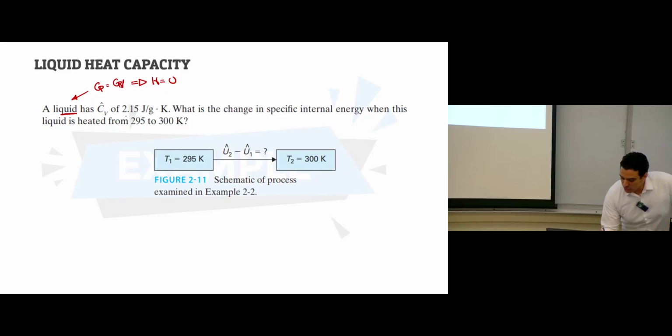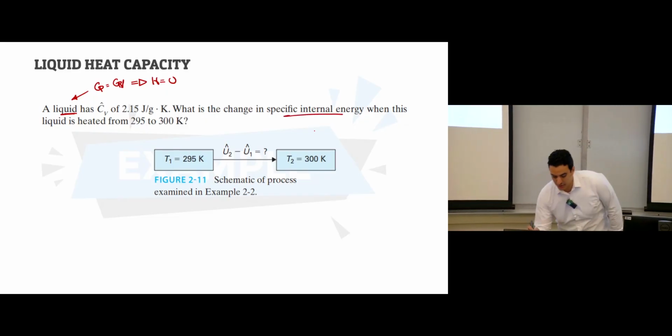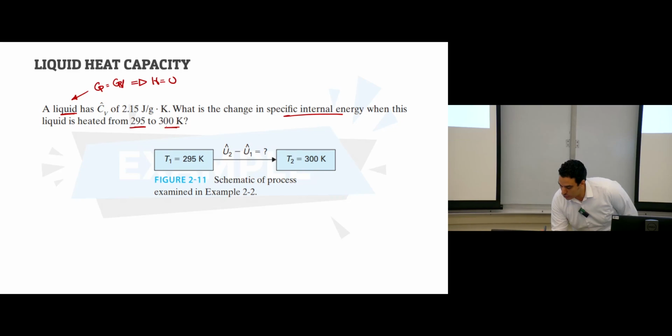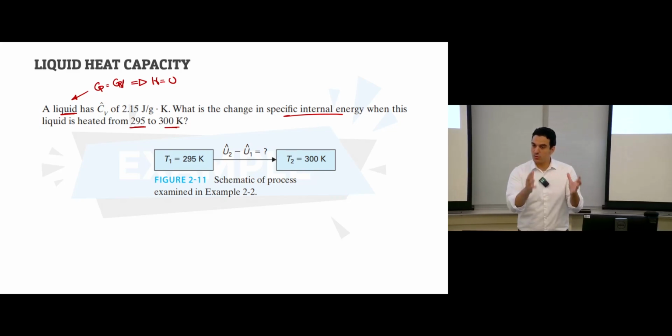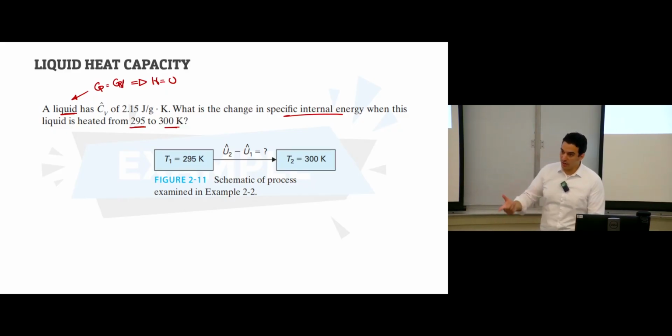We have Cv as 2.15 joule per gram Kelvin. What is the change in the specific internal energy when this liquid is heated from 295 to 300 Kelvin? So we have a liquid at 295 and we need to increase its temperature to 300 Kelvin. We have the heat capacity, so we need to calculate the change in the internal energy.